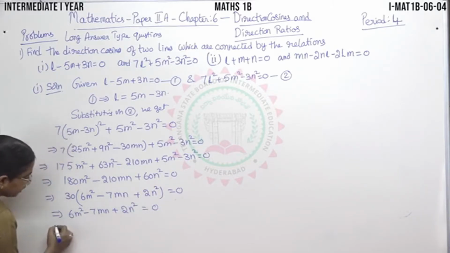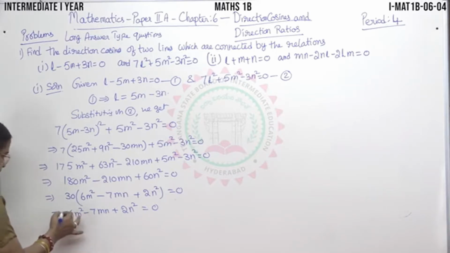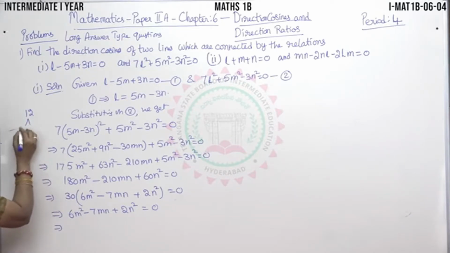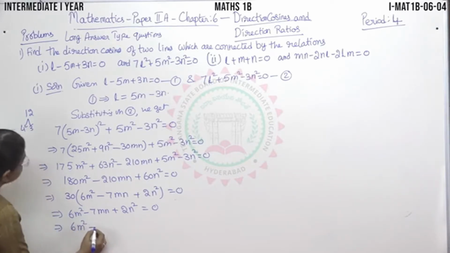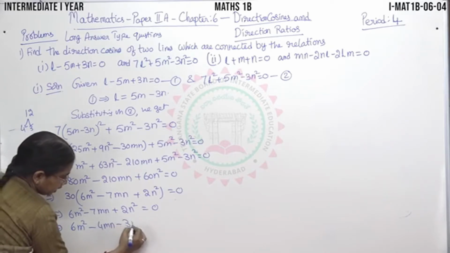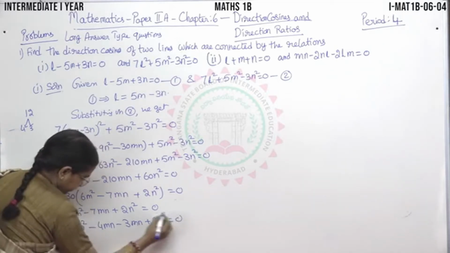Now find the factors for this. 6 into 2 is 12, and the middle term is 7. So you must find the factors of 12: 4 and 3, 4 threes are 12. So you can write 6m square minus 4mn minus 3mn plus 2n square. Find the factors.